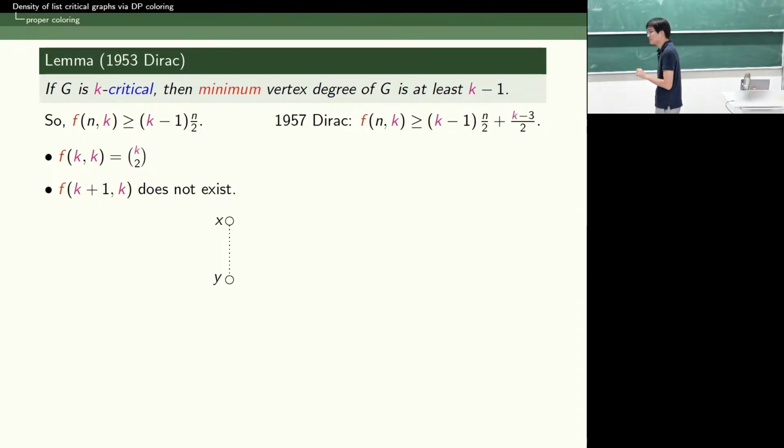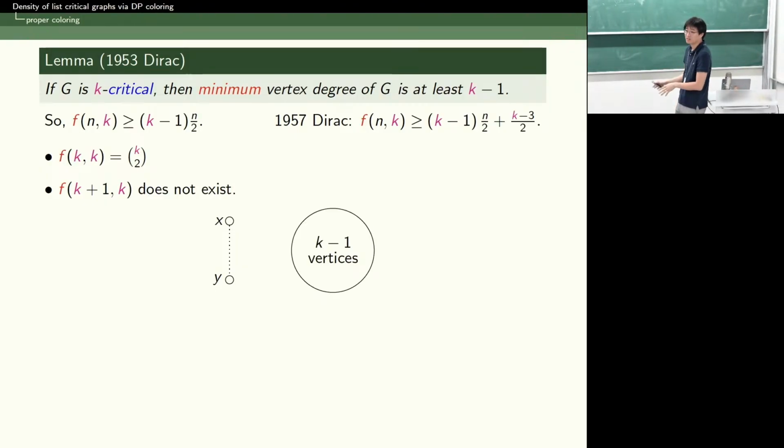So here's your non-edge. And because you're a graph on k plus 1 vertices, all the remaining vertices are here somewhere. But now you look at this lemma, which says if you're k-critical, then the minimum degree is k minus 1, which means x and y are joined to all the other vertices. So you have all the edges possible between these two blocks.